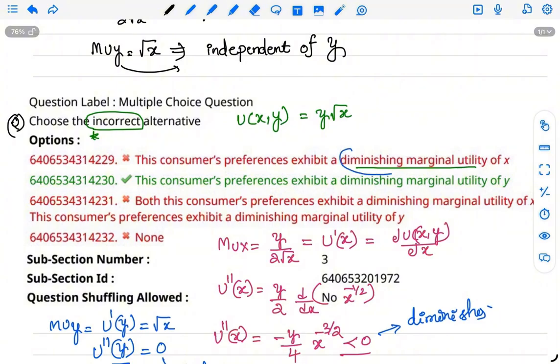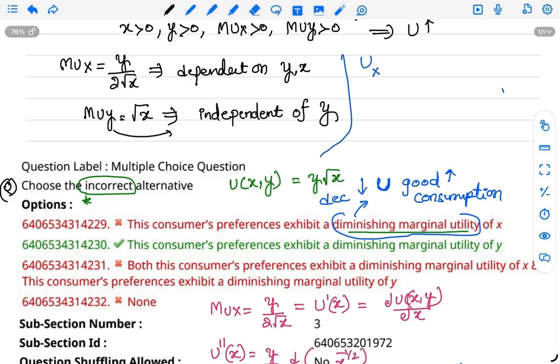What is meant by diminishing marginal utility? Diminishing means decreasing. What is decreasing? The utility function u is decreasing as the consumption of the good is increasing.